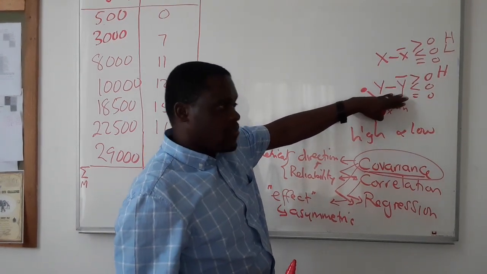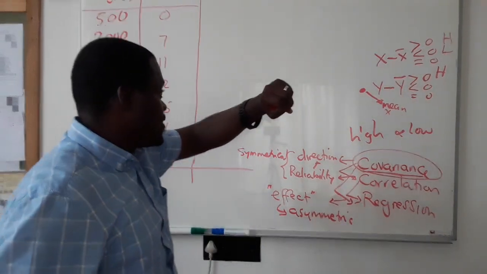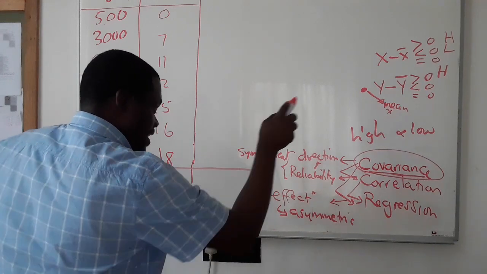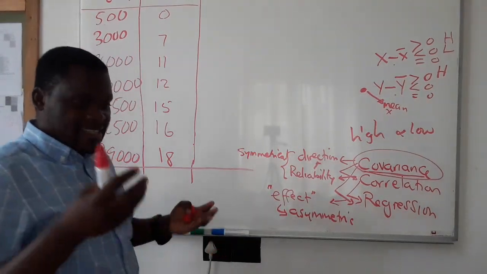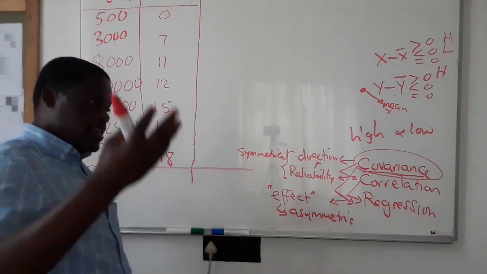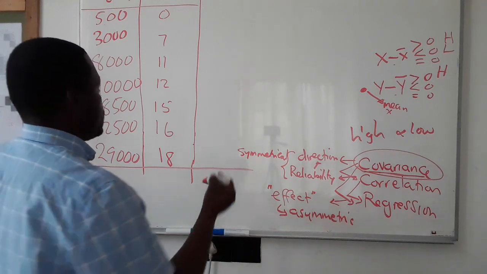The deviation of wages from their mean and the deviation of education from its mean. So the product of these two deviations tells us if variables are moving together or not. Okay, so that's what we essentially want to do.